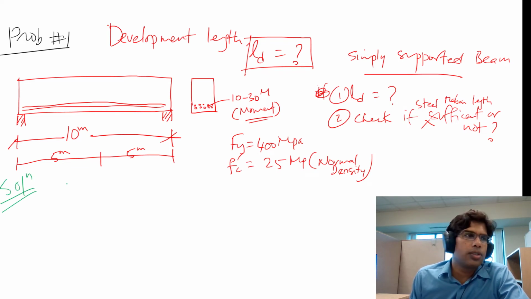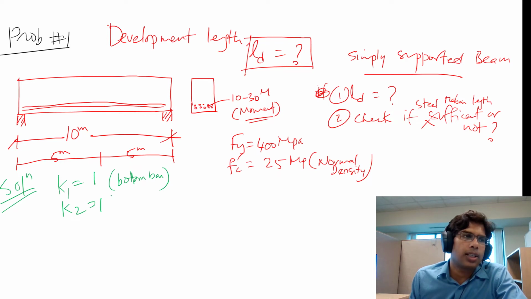So what do we know? From the given information, we can say that the K1 value is 1, since it is a bottom bar. We can also say that K2 is 1 since it is a regular uncoated rebar.